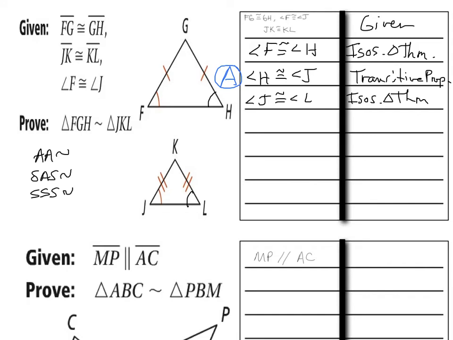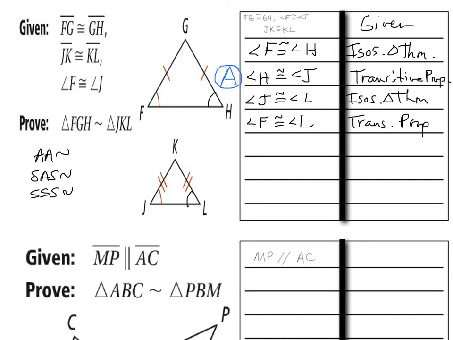Well, if J is congruent to L, and F is congruent to J, if they're both congruent to J, then they're both congruent to each other. So now angle F is congruent to angle L, and this is also by the transitive property.